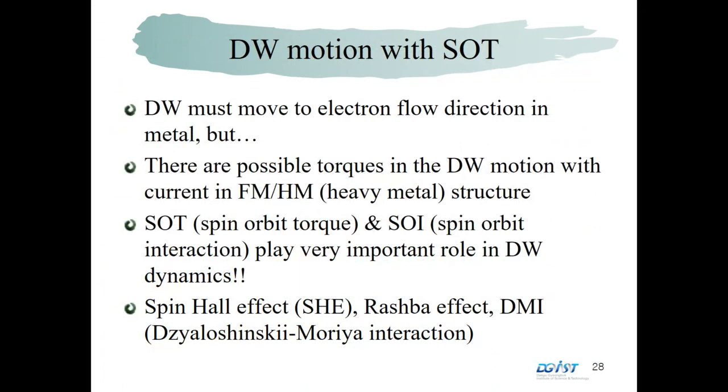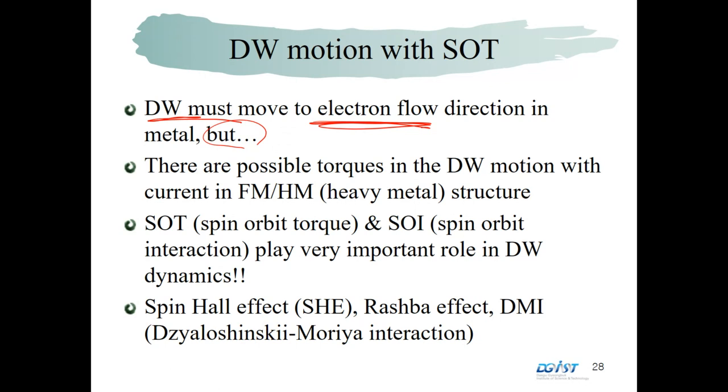People tried to find a way to improve the domain wall velocity by increasing the beta term, with many attempts. But sometimes people found the domain wall moving in the direction of the electron flow, and sometimes they found it moving in the current direction, which is the opposite of the electron flow, and this is not understandable based on the spin transfer torque.